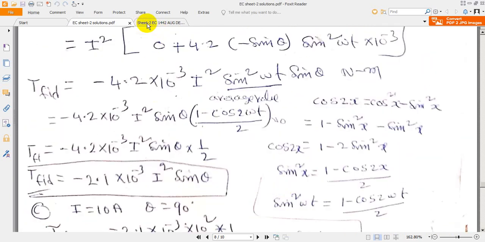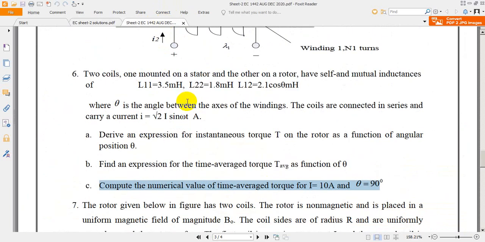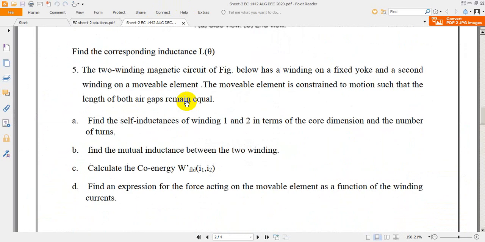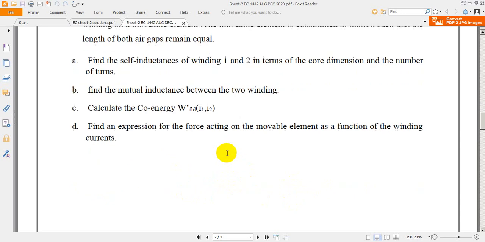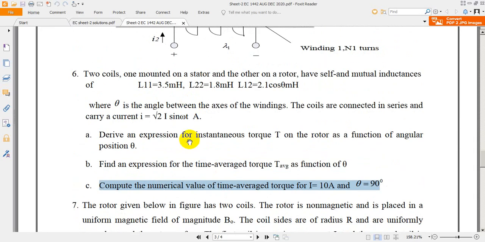With this we have completed two problems where multiple coils are there. In problem number 5 we discussed self-inductance, mutual inductance, combined energy because of these inductances, and also force acting on the movable element. Whereas in the second problem a similar circuit is present, where we have two coils, one mounted on the stator and the other on the rotor.